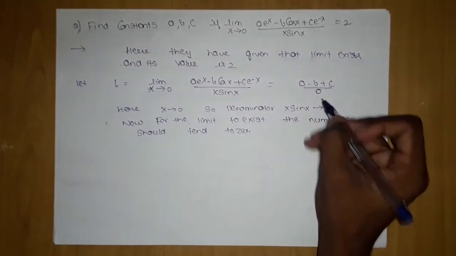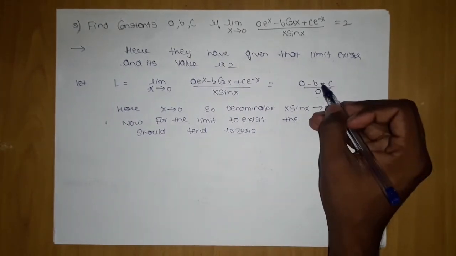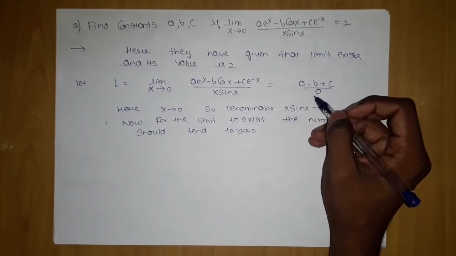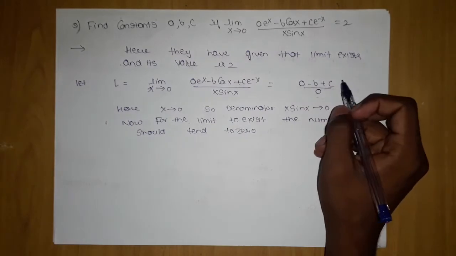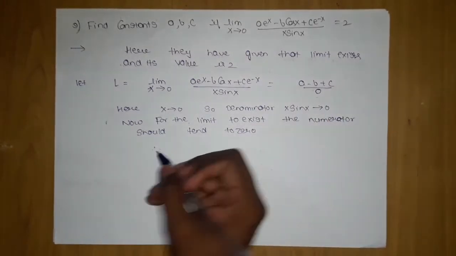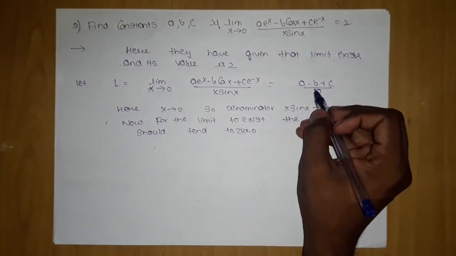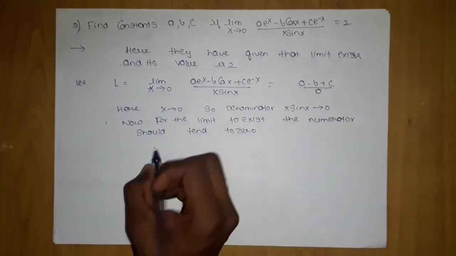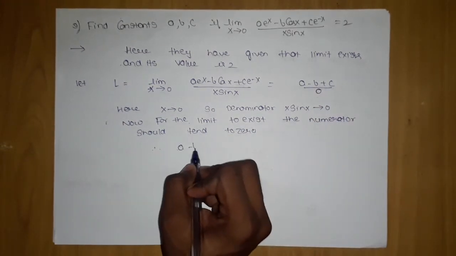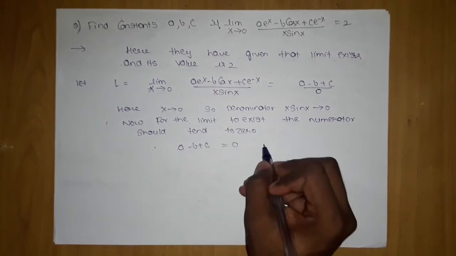Why? Because if it does not tend to 0, then it will become infinite, which is not possible, as they have given the limit value as equal to 2. So if it becomes 0, it will be in indeterminate form 0 by 0. So we write a minus b plus c equals 0. This is my first equation.